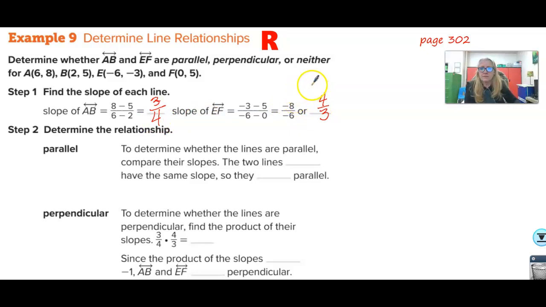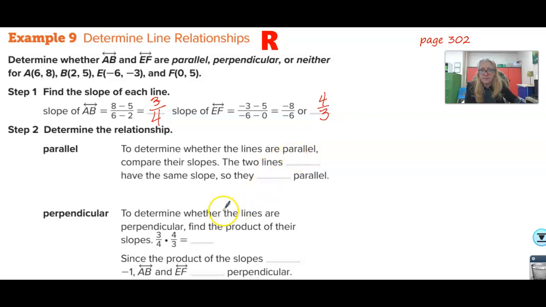So these would be neither, because for them to be negative reciprocals, the sign would have had to change, and the sign didn't change. They just flipped. So to determine whether the lines are parallel, compare their slopes. The two lines do not have the same slope. If they're parallel, they would have the same slope. They don't have the same slope.